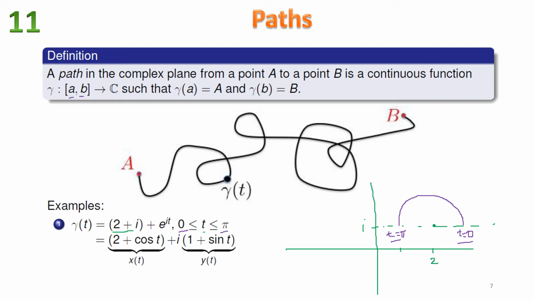Now e to the it can be split into real and imaginary part as cos of t plus i times sine of t, and you can couple real part together. So 2 plus cos t will comprise real part, which we can call x of t, and i times 1 plus i times sine t, that will be 1 plus sine t times i, which is imaginary part of our function.